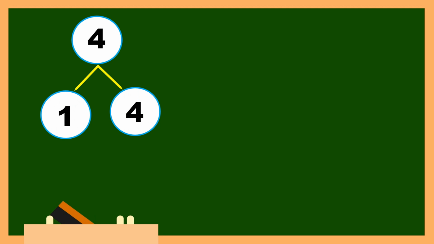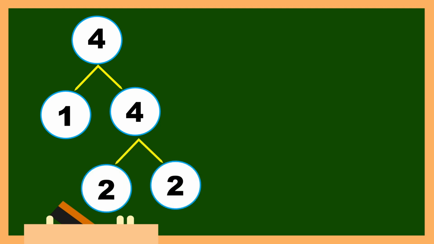Kung gagamitin natin ang factor tree para makuha ang factors ni 4, the result is like this. So, as you can see, 1 times 4 is equal to 4. That is the first set of factors. And another set of factors ni 4 ay 2 times 2. Still, the answer is 4.